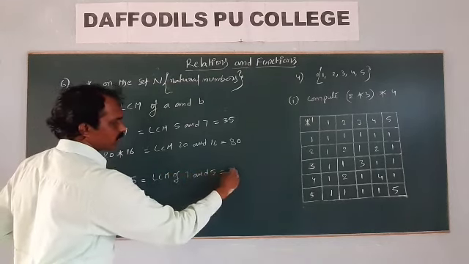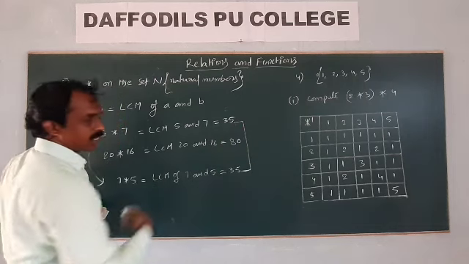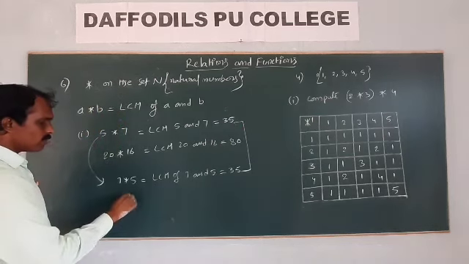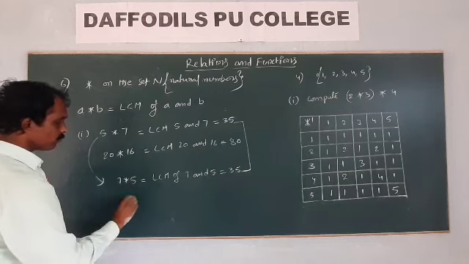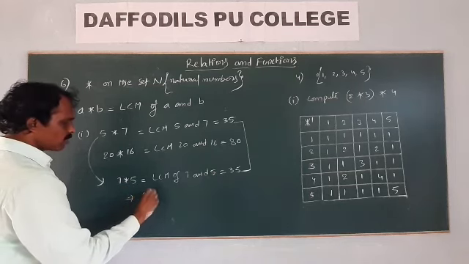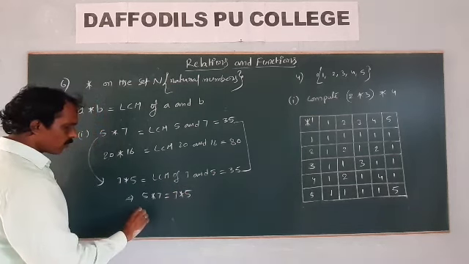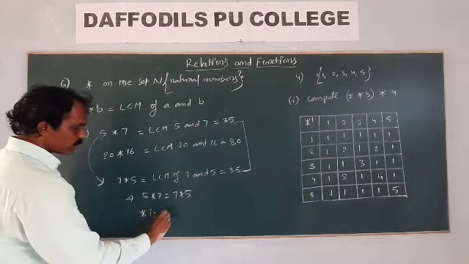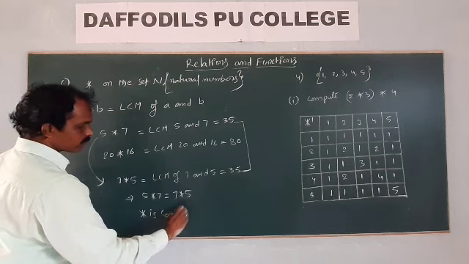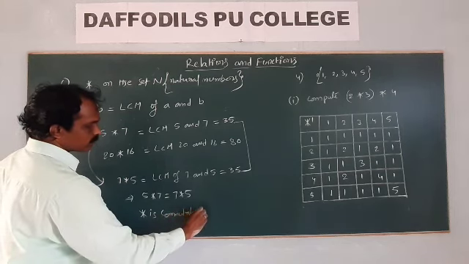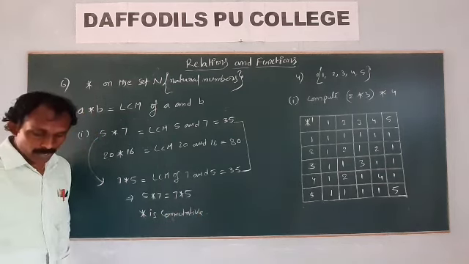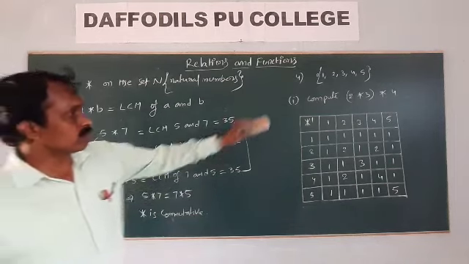What is the answer? 35. Both are the same or not? Okay. So 5 star 7 is equal to 7 star 5. Therefore, star is commutative.